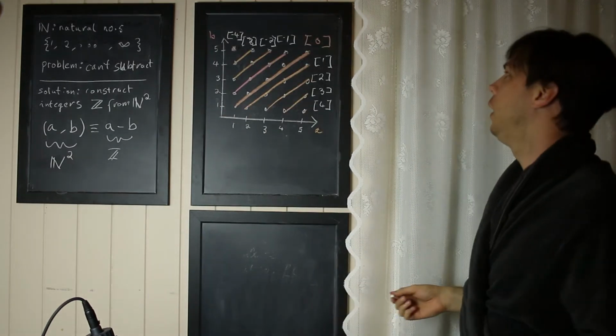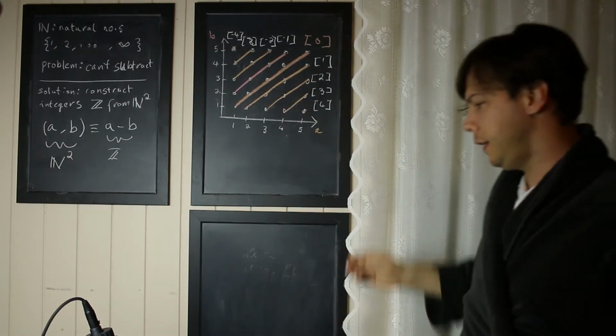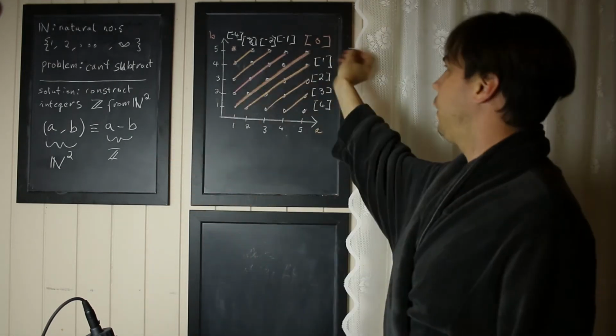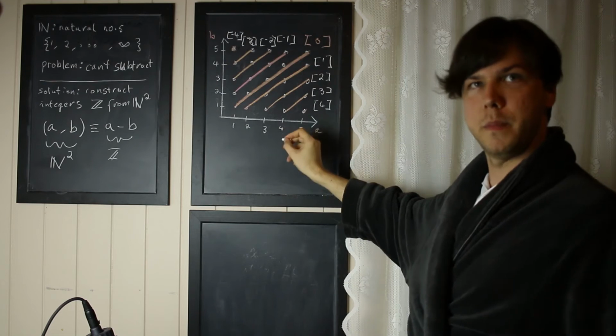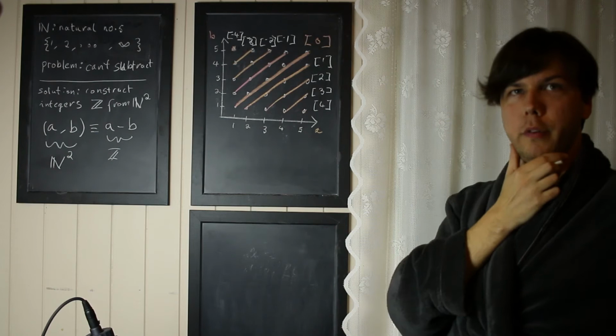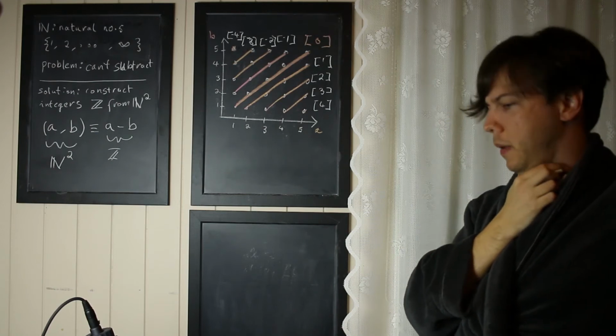Cool. So we see that our integers correspond to diagonal lines in the two-dimensional natural number plane. But we don't just care about the numbers, we want to do operations with them.